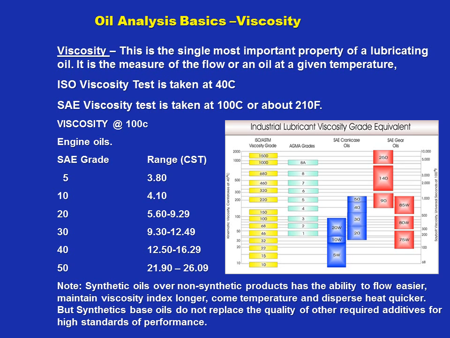If you go a little bit lower, an ISO 100 is equal to a 30 weight motor oil, and it's also equal to about an 80 weight gear lube. It's not exact, but it's kind of a general science I'm talking about. So just educate yourself and talk to your lab and oil engineer technicians about what's best for you.